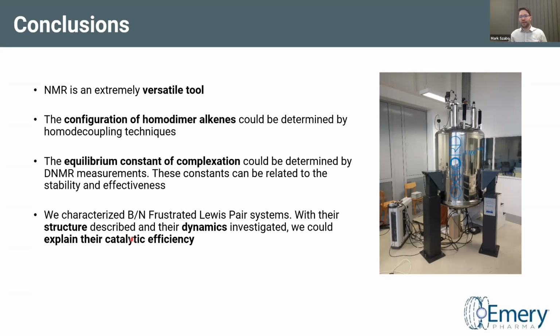I was able to characterize frustrated Lewis pairs. I could figure out the structures and the dynamics behind the scene, which explained why one of the catalysts is superior to others. And I managed to figure out the configuration of certain rhodium complexes.